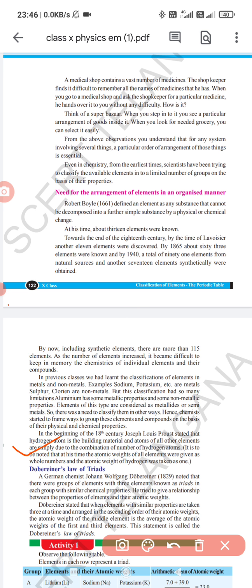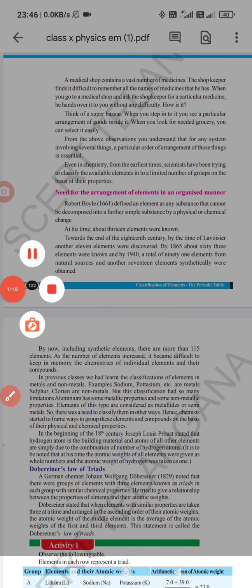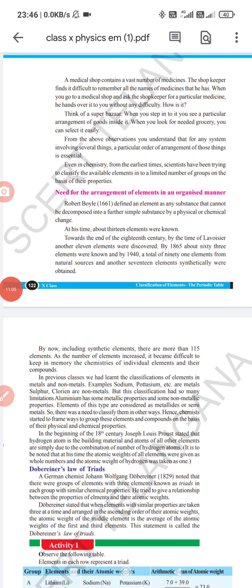Here he said that hydrogen is a building element. When you think of helium, it is next to hydrogen. When you add one hydrogen to another hydrogen, we get helium, the next element. In the same way, when you add one more hydrogen to helium, you get lithium, the third element, and so on.